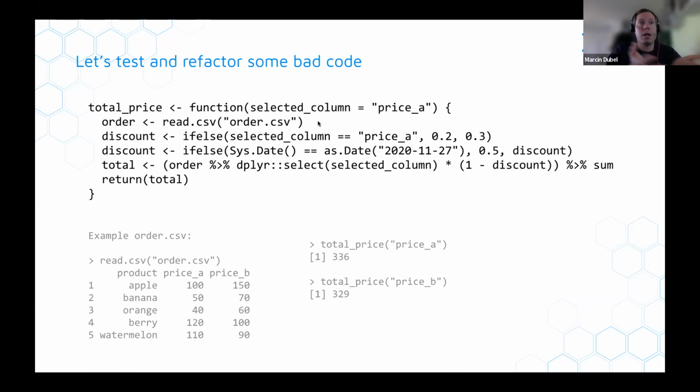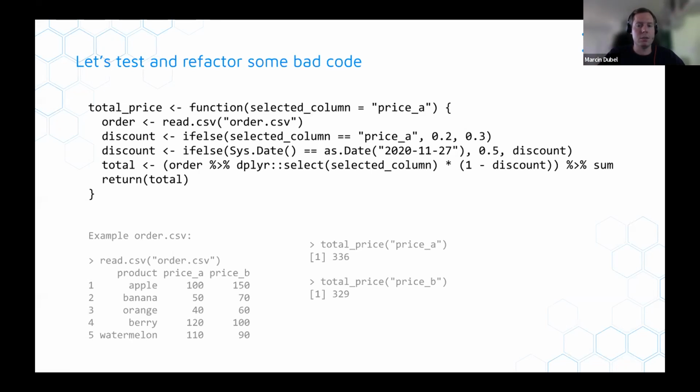And you would like to write your test based on some example that is maybe having some NAs inside the file that you're providing. So you will quickly realize that you cannot provide the file inside the function. You need to do this outside. Then you're writing your test and you notice, okay, but what if I select price C as a column? Maybe we are letting our users provide the column, and what if the column name is wrong?